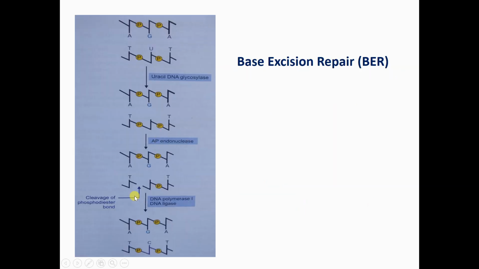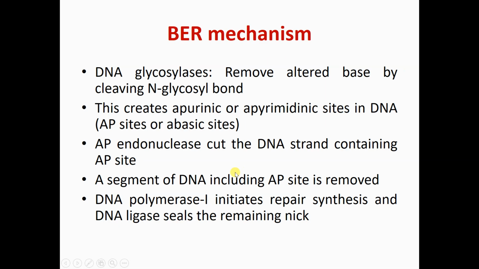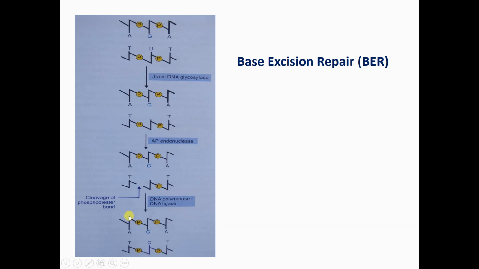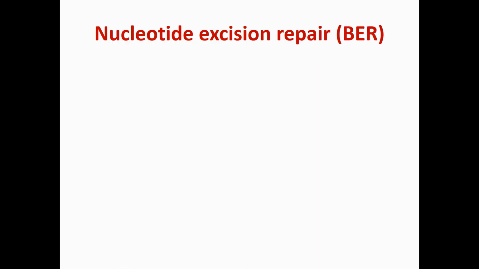Here, this AP endonuclease cuts, and only that deoxyribonucleotide, the deoxyribose phosphate, is removed by the AP endonuclease enzyme. Then DNA polymerase 1 repairs by incorporating the actual nucleotide complementary to the parent strand, and then the nick, the gap between the two adjacent nucleotides, is sealed by DNA ligase enzyme. So that is all about base excision repair.